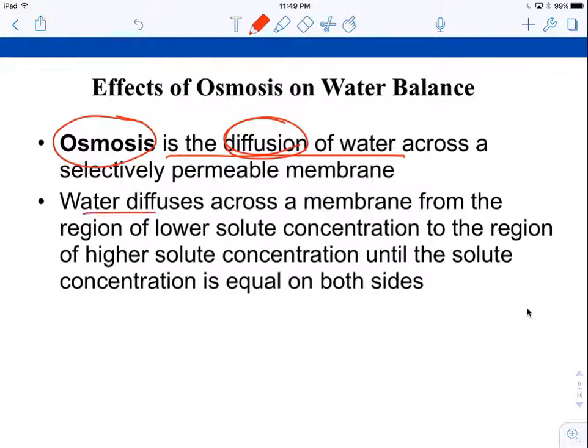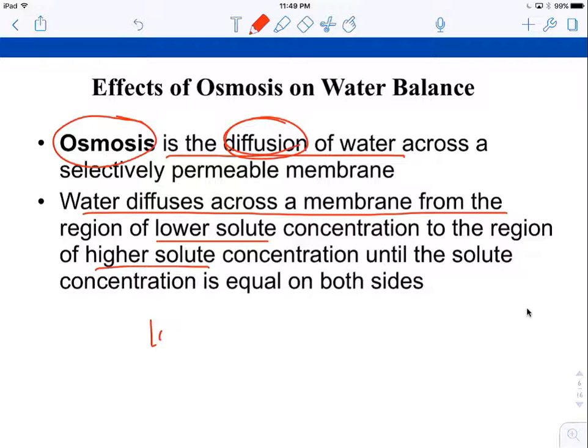So water is diffusing across a membrane down its concentration gradient, but it's also equalizing the concentration of solute. So it moves from a region of lower solute concentration, which means higher water, to an area of higher solute concentration, which means lower water. Okay, until the solute concentration is equal on both sides.